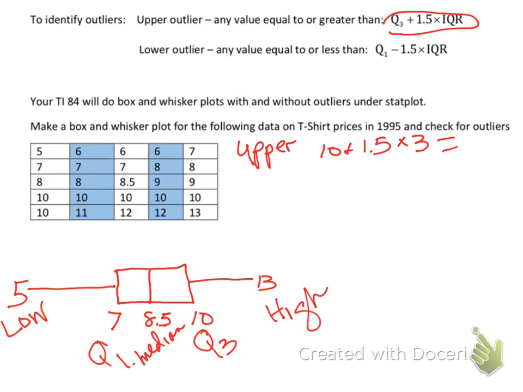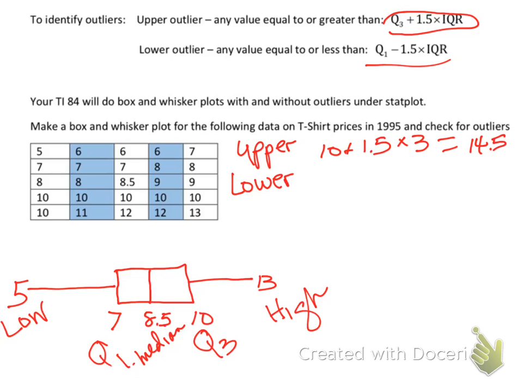When I do that math, I am getting 14.5. If I compare that to my 13, I can see that 13 is not an outlier. Okay, so now let's check for a lower outlier.